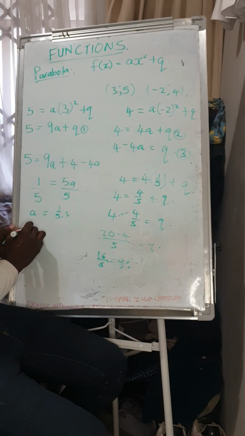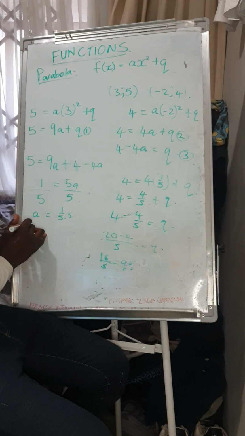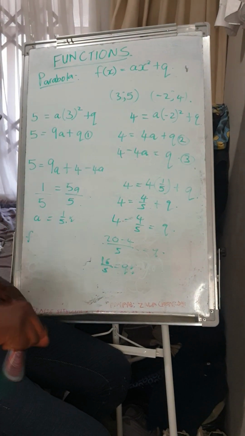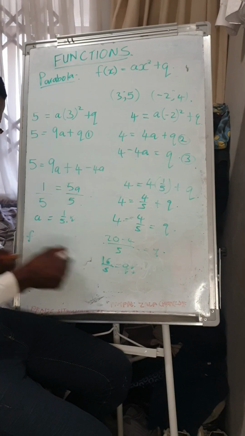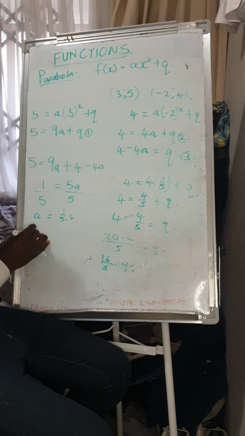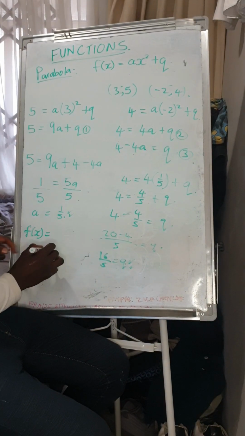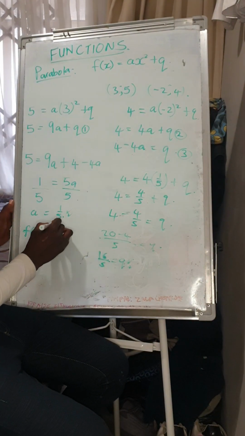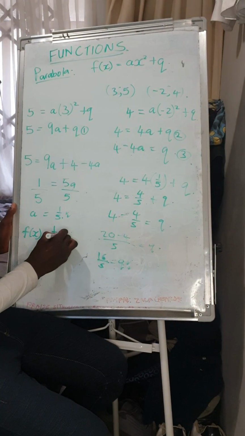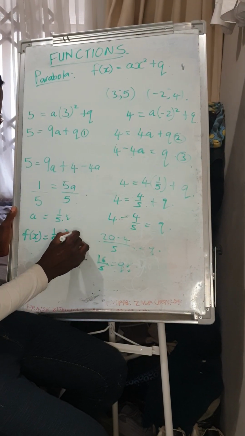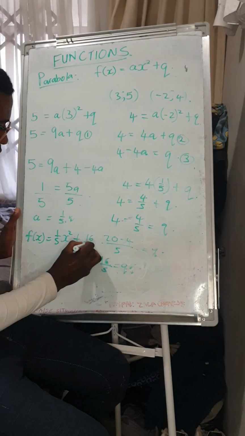Let's finish up this thing before it's too late. Let me change the marker, I want people to see what I'm actually doing here. So f of x equals, remember it's ax squared, so it's 1 over 5 x squared plus 16 over 5.